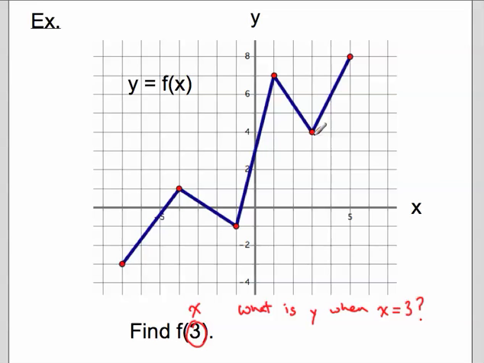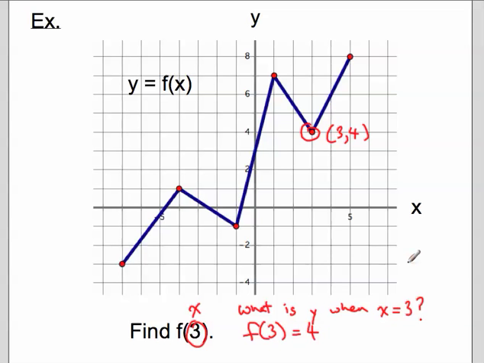So x is 3 at this point on the graph, and this is the point 3, 4. And we find 4, of course, by looking across at the y-axis. So that's the point 3, 4. So that means when x is 3, y is 4. Or in other words, f of 3 is equal to 4.